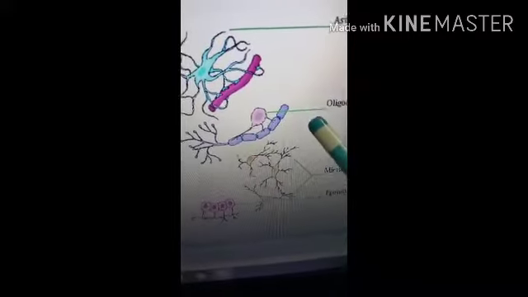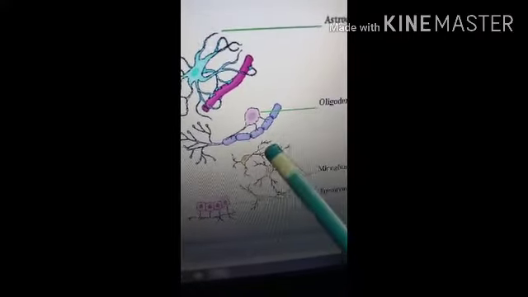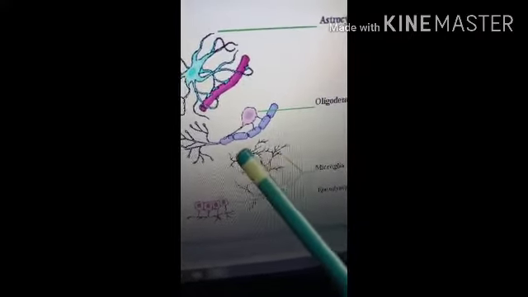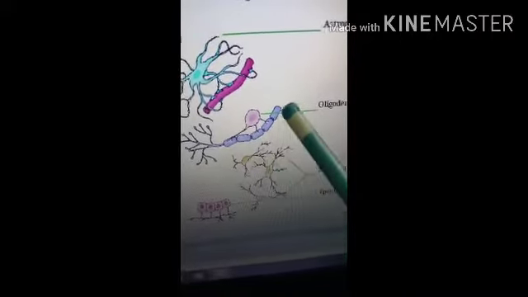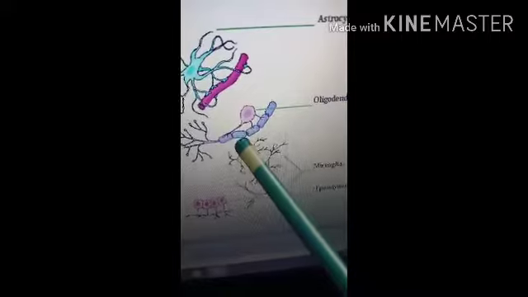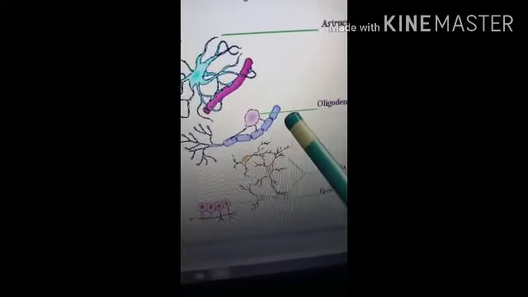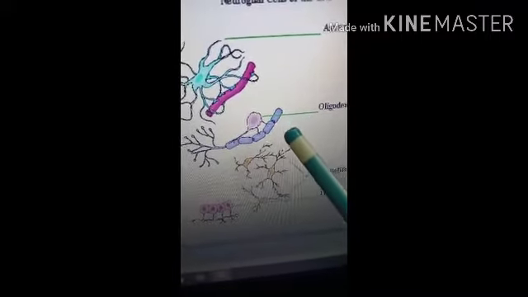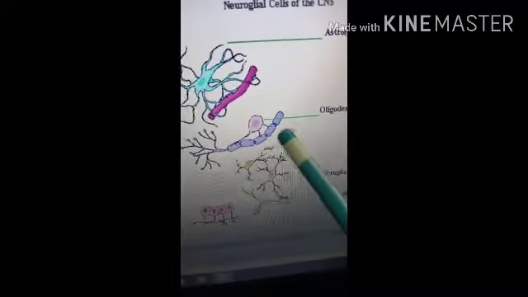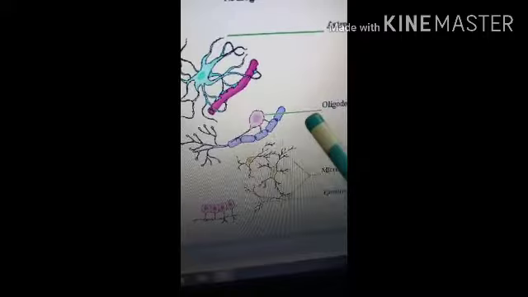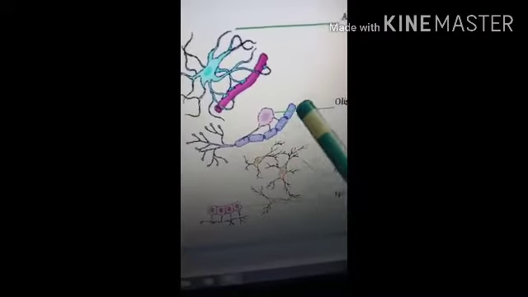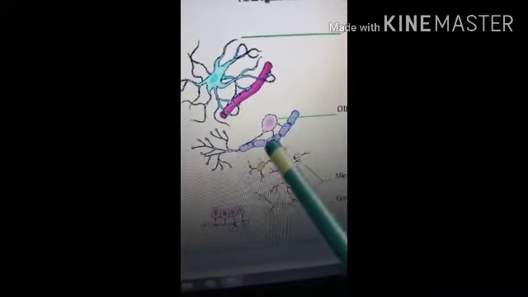They are found in clusters around the neurons of the gray matter. Okay? So here you can see the axon, and you know the axon is mostly present in the gray matter, and they are also present adjacent to and along the length of the myelinated nerve fibers in the white matter. So here you can see the myelinated fibers.